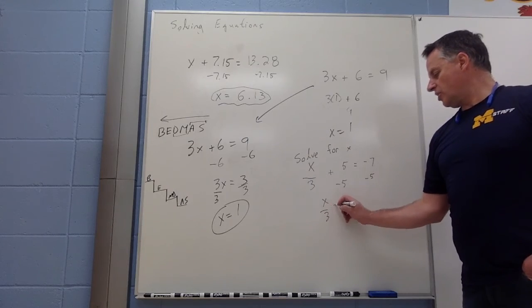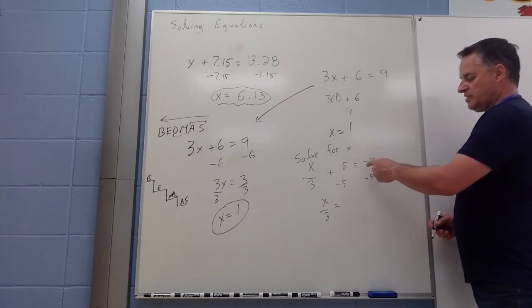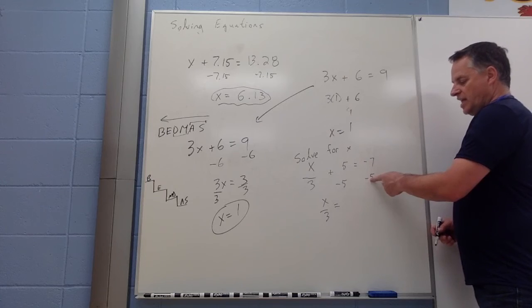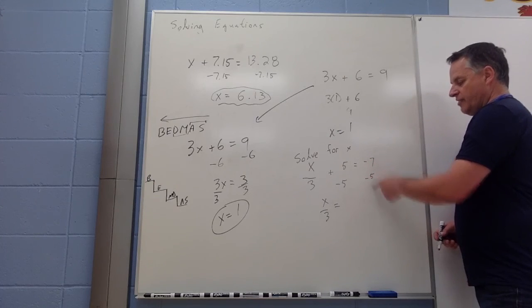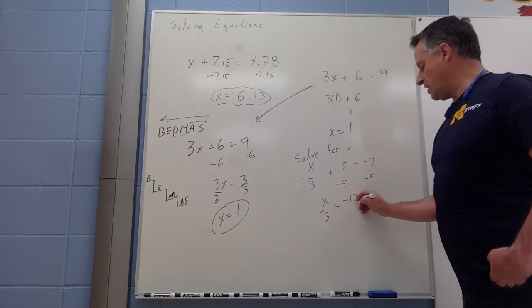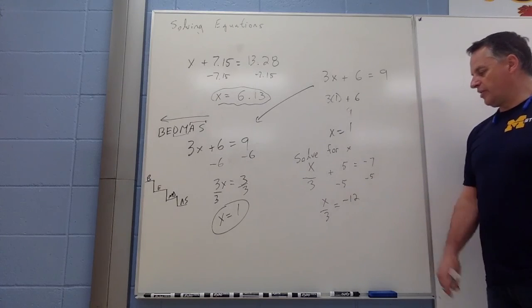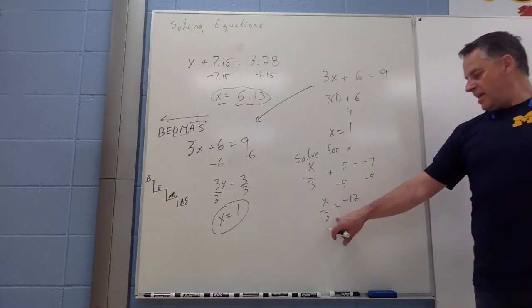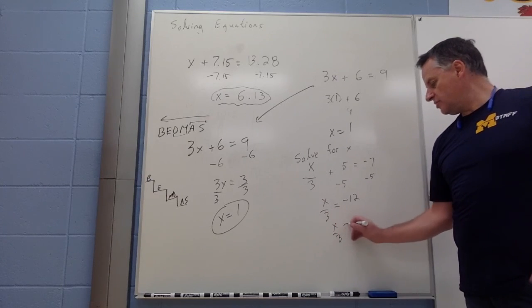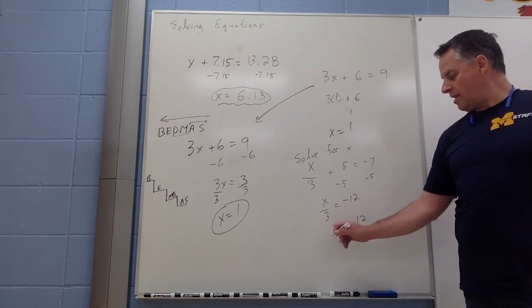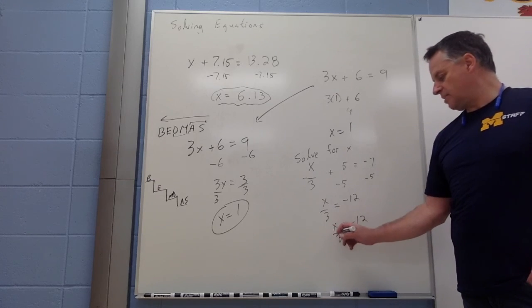This is where our knowledge of integers becomes important, because if I have -7 and I take away 5, so -7 minus 5, I'm going to get -12. I'm going to get further into the negatives. Then when I get to this point, how would I undo dividing by 3? Well, I'm going to times both sides by 3.